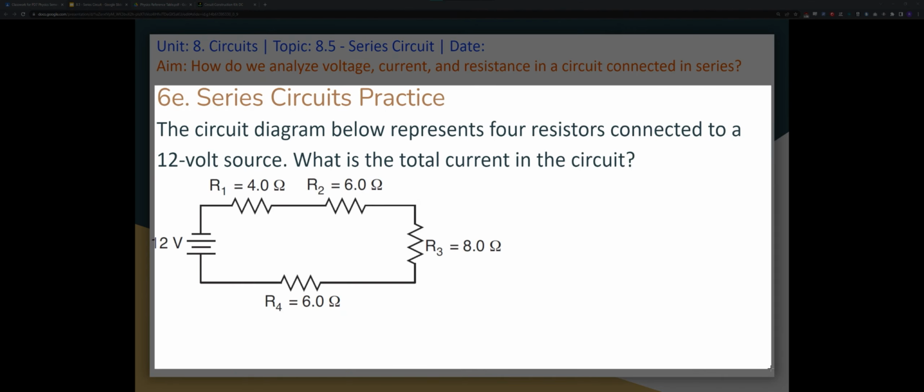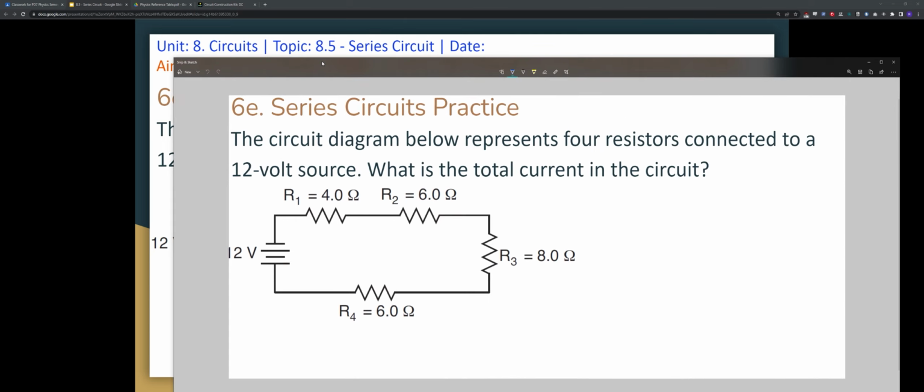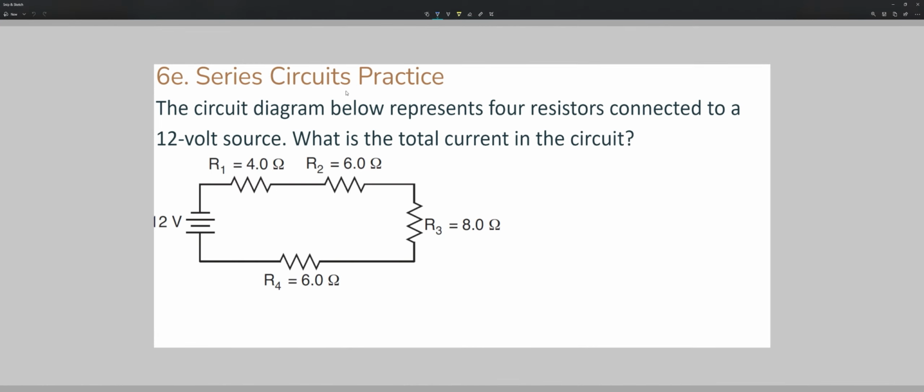Move on to 6E. So you have 4 resistors here connected to a 12-volt source. And the question wants you to find out, what is your total current throughout this circuit? Now, when you're solving for your total values, because we don't have the voltage across each resistor, we don't know what V1, V2, V3, etc. are, what we can do is get our total resistance instead.